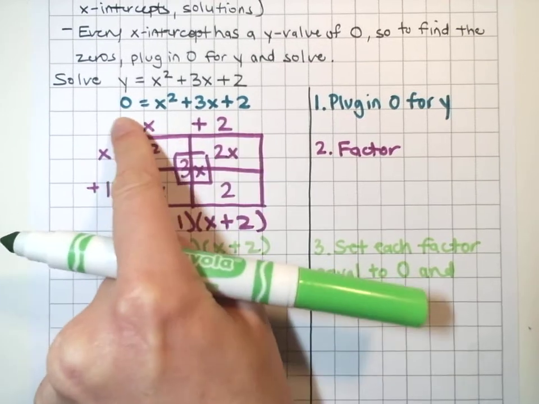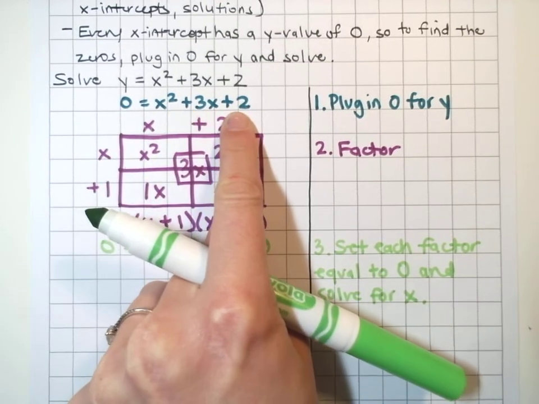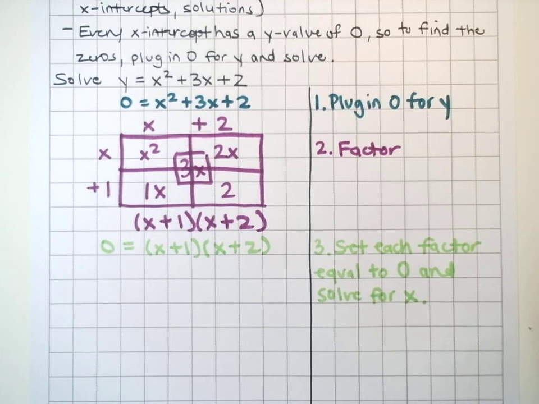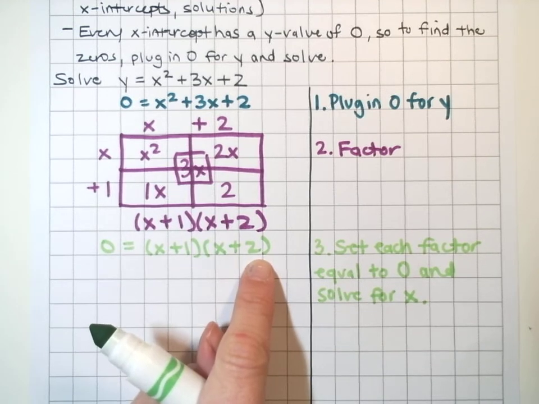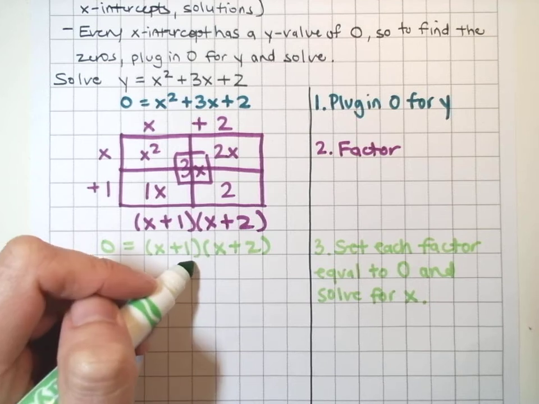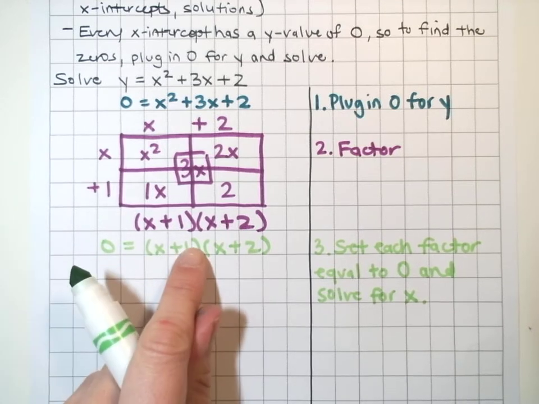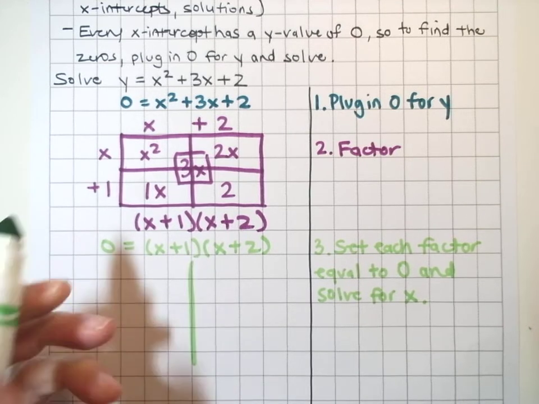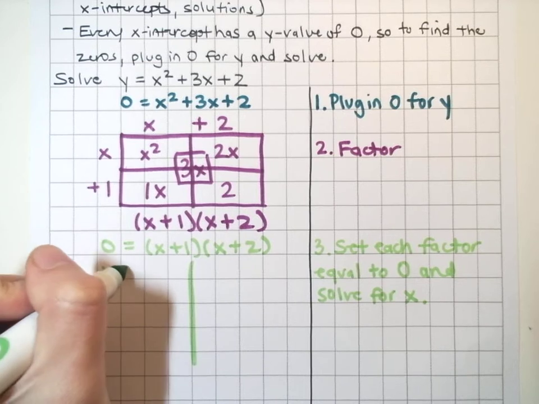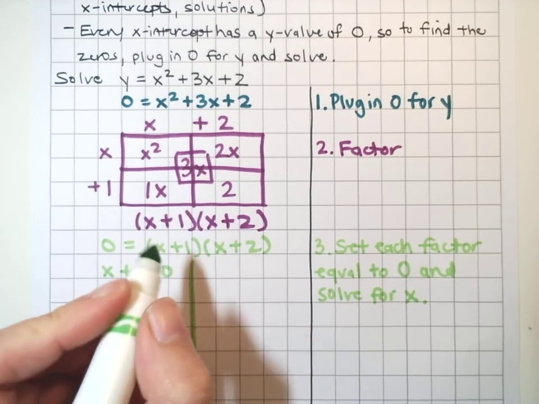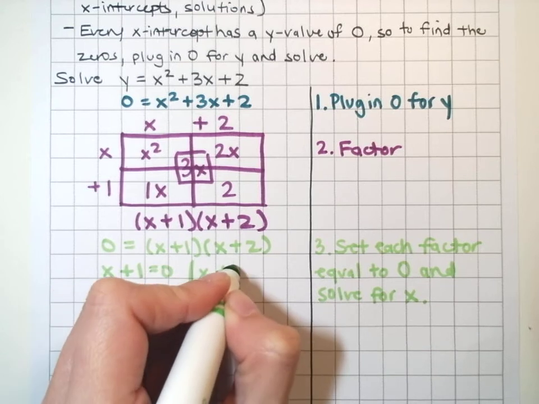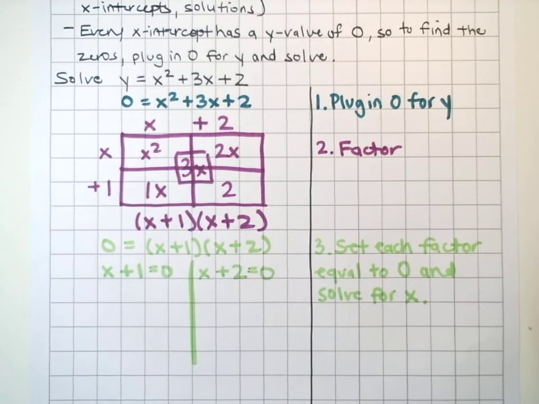If we substitute in our factored expression, so 0 equals x plus 1 times x plus 2. So then x plus 1 has to equal 0. We set that equal to 0, and then we set our other factor, which is x plus 2, equal to 0, and then we solve.